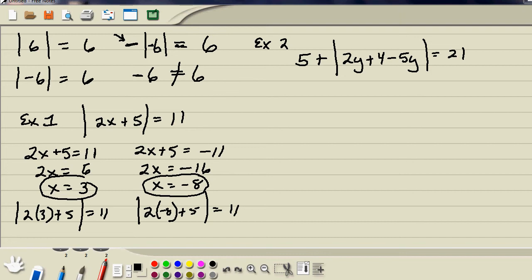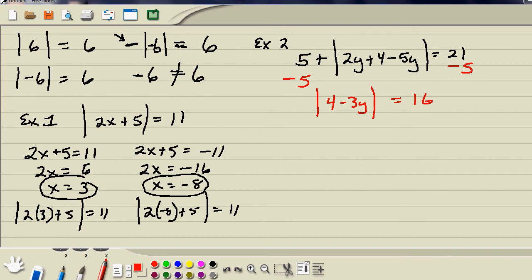So we're going to subtract 5 from both sides, and we're going to get the absolute value. And I'm going to go ahead and combine my like variables, and I'm just going to get 4 minus 3y. Okay, 2y minus 5y is a negative 3y. Okay, and that's going to equal 16. 21 minus 5 is 16 if I did my math correct.